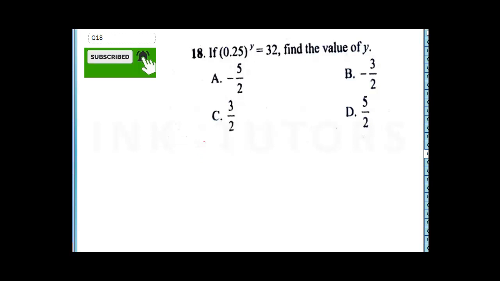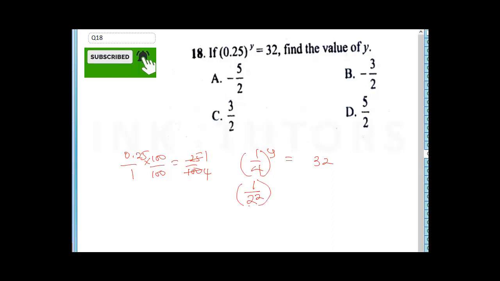You just multiply both the numerator and the denominator by 100, so you do 0.25 over 1 times 100 over 100. So this will give us 25 over 100. 25 here is 1, 25 here is 4. So this is 1 over 4, all raised to power y, is equal to 32. Now you know that this is 1 over 2 raised to power 2, all raised to power y, is equal to 2 raised to power 5.